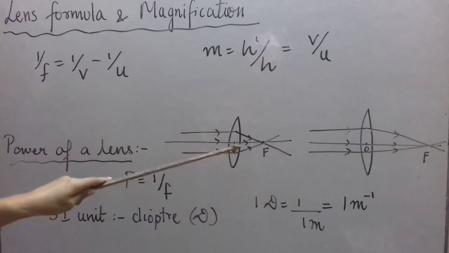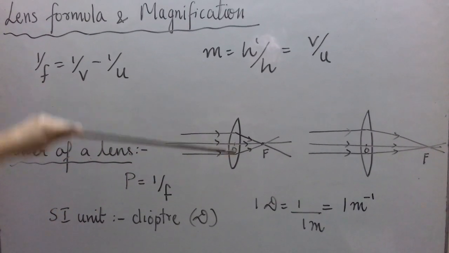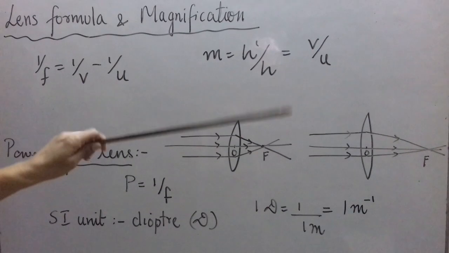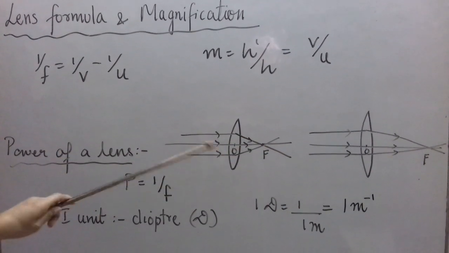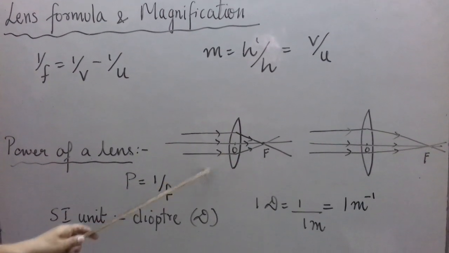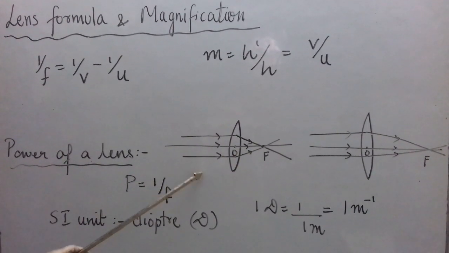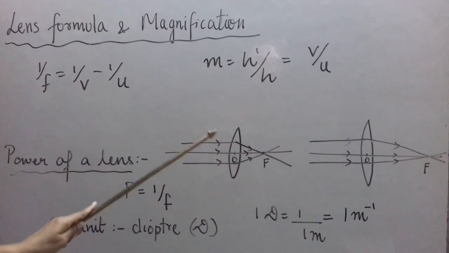But as the focus lies closer here, the rays are bending more compared to that case where the rays are bending less as the focus is far away. So which lens is having more converging power, first or second? Obviously this, because here the rays are bending more, getting more converged.